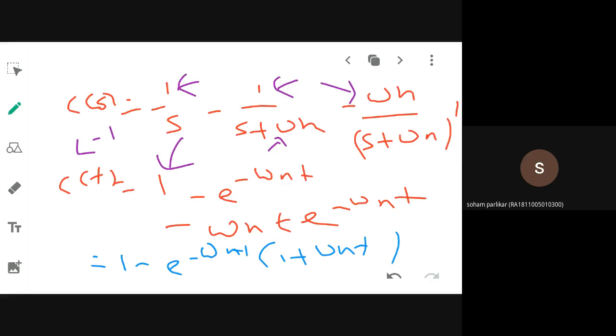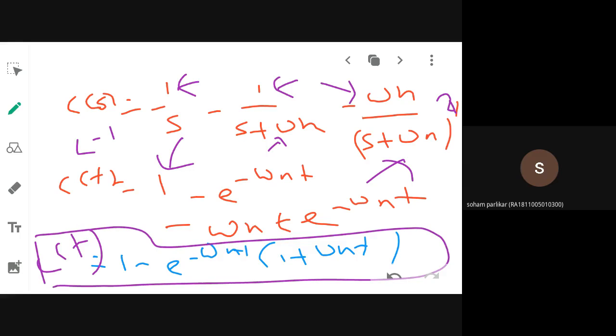And finally, again omega n, you take it as a constant. Again you are having the same format, e power minus omega n t, but it is squared. That's why you are having a t term in addition. So the final time response expression: 1 minus e power minus omega n t, inside the bracket you will be getting 1 plus omega n t. All got this answer?